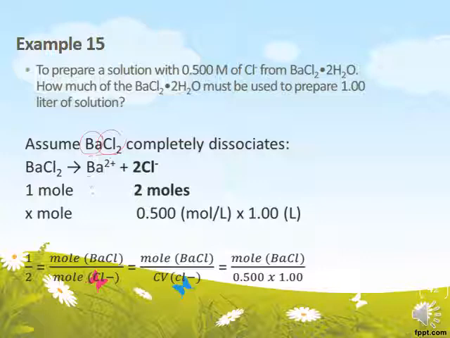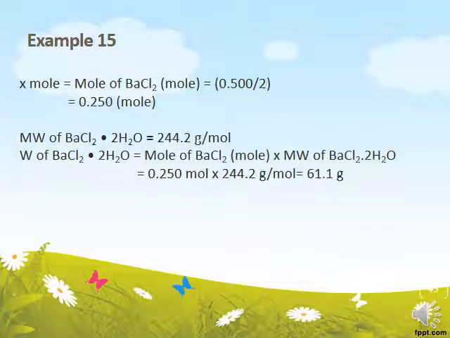So we are given the molarity of the chloride here, which is 0.5 mole per liter. So use the stoichiometric relationship 1 to 2 to find the mole of barium chloride here. Therefore the answer is 0.25 mole.